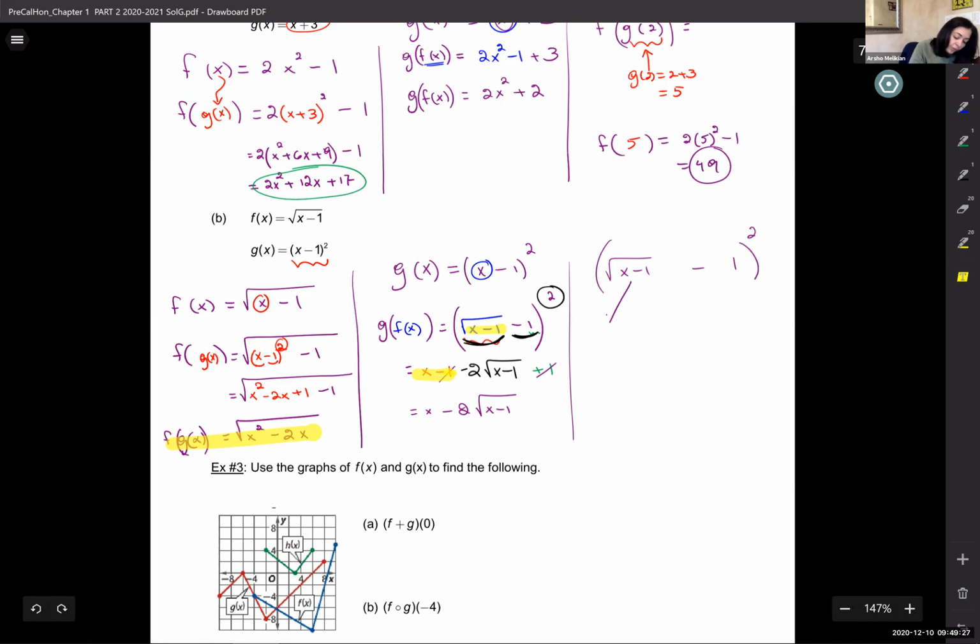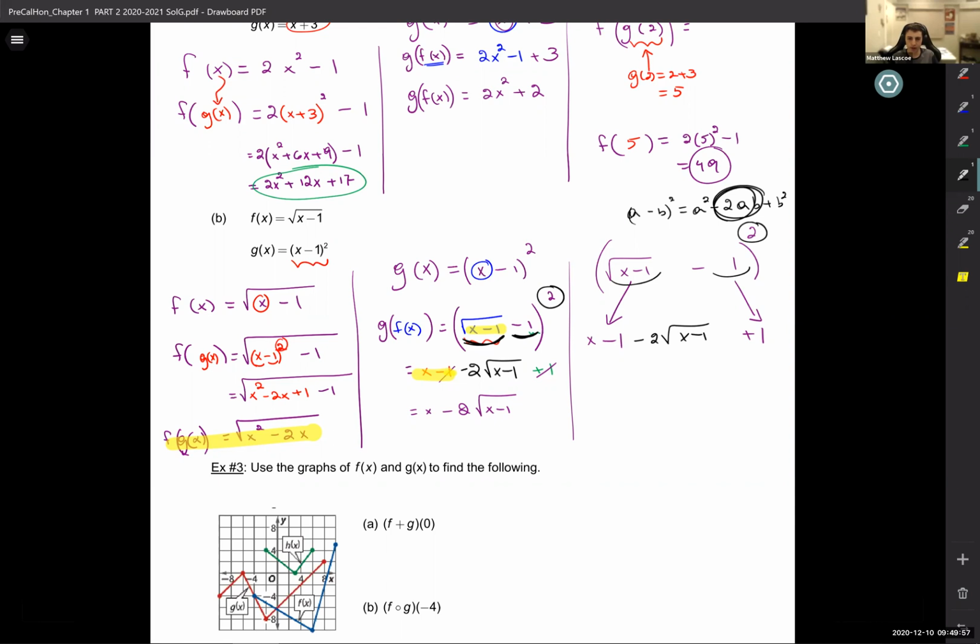First you square this term and you get x minus 1. Then you square this term and you get plus 1. But then the middle term, right? Remember how when you had a minus b squared, it's a squared minus 2ab plus b squared. So it's this term that you have to do 2 times this times this. That's where the square root stays.